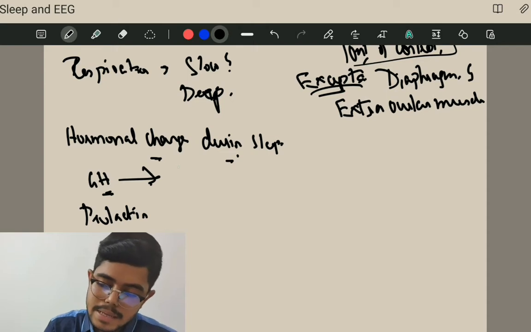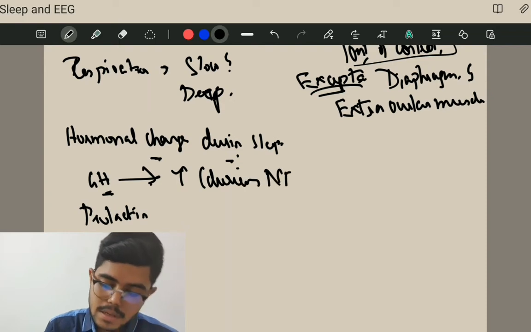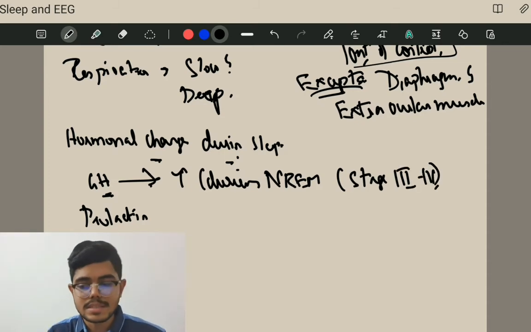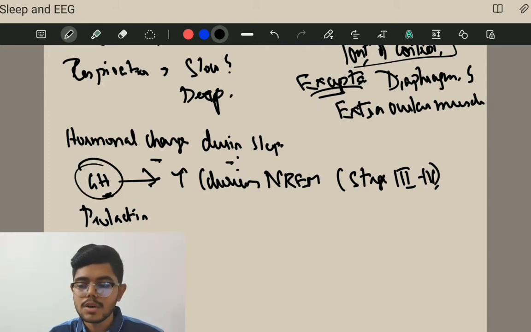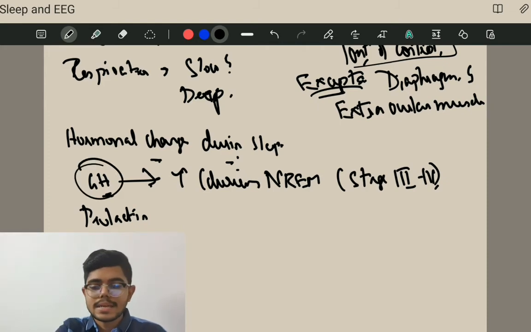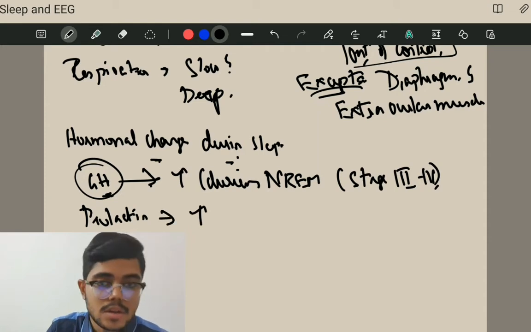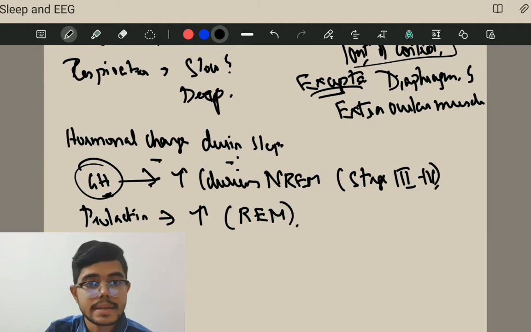The level will be increasing only during NREM stage 3 and 4. We discussed the different stages in the NREM. Mainly your growth hormone is going to be increasing during stage 3 and stage 4. Your prolactin will be increased during, any idea? Your REM sleep.